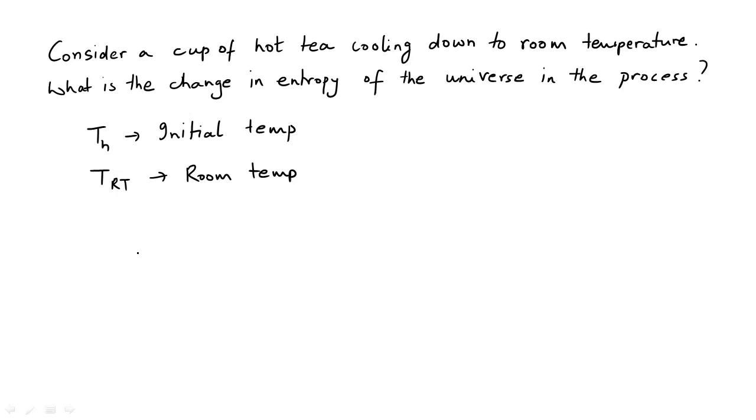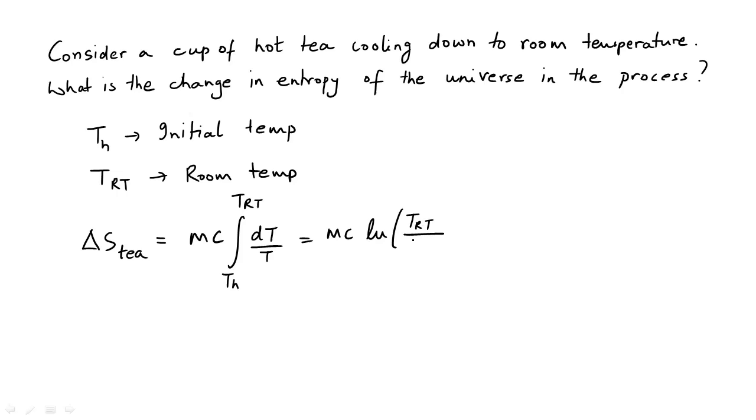By constructing a reversible process for the tea cooling down, the delta S of the cup of tea is equal to mc integral from T_h to T_room temperature dT by T, which is equal to mc ln T_room temperature divided by T_hot. You see that this quantity is negative, so the tea cools and its entropy decreases.